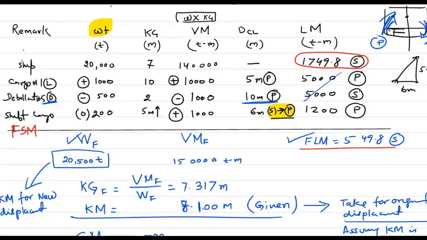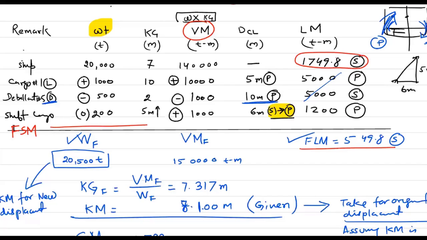Suppose the ship is having free surface moment. So what is the function of free surface moment? The function of free surface moment is to change GM, right? Yes sir, you told me last time. So free surface moment is going to impact the vertical moment.